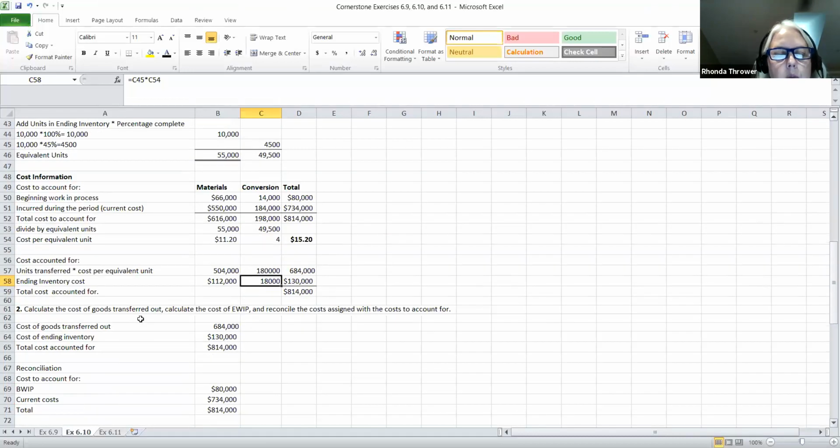So in step 2, this is what they ask you for in Cengage. So since you've done the cost of production report, you have all these items from the cost of production report. They wanted to know what the cost of the goods transferred out is. And the cost of the goods transferred out is $684,000.